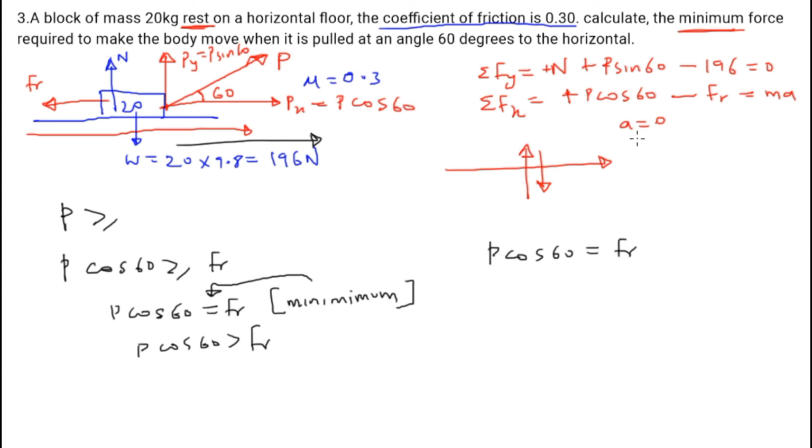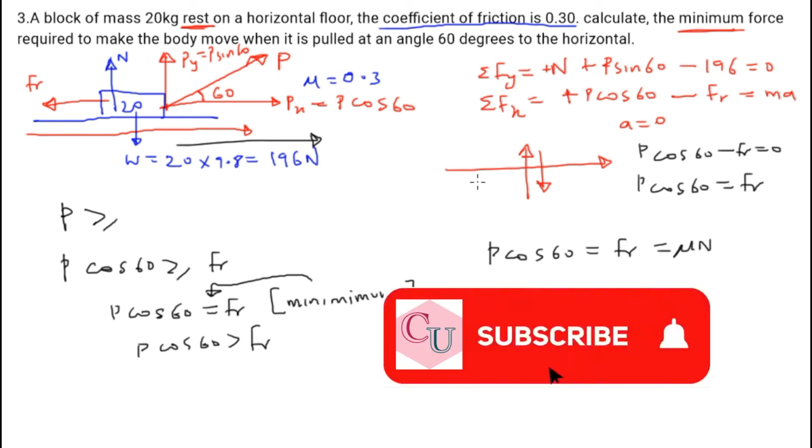So if you accept that a is also equal to 0 right here, then P cos 60 degrees minus Fr will be equal to 0. And that will mean that P cos 60 degrees is equal to Fr, just like what I have here. Not forgetting that Fr is actually equal to mu n. So we can get an expression for n from equation 1.